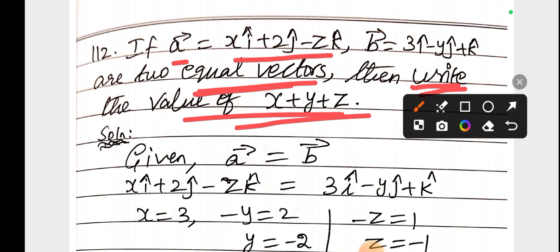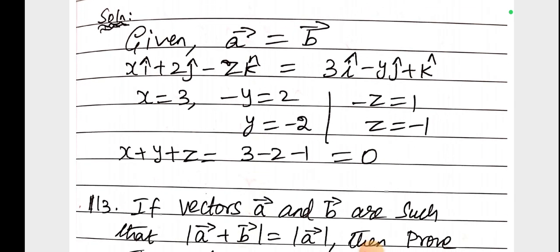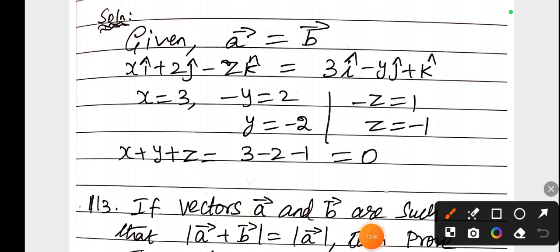Somewhat like determinants and matrices, how did we do it? In the same way, equality of matrices, we used to compare corresponding elements. So now equate x i cap plus 2 j cap minus z k cap with 3 i cap minus y j cap plus k cap.